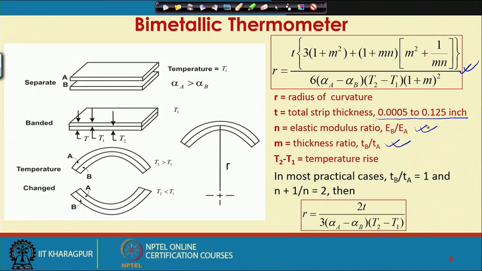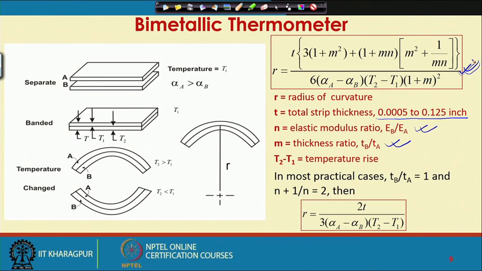Now, this equation can be simplified under the assumption that we can choose the strip thickness equal, meaning the thickness of metal strip A and the thickness of metal strip B may be same, and in most practical cases it will be like that only.